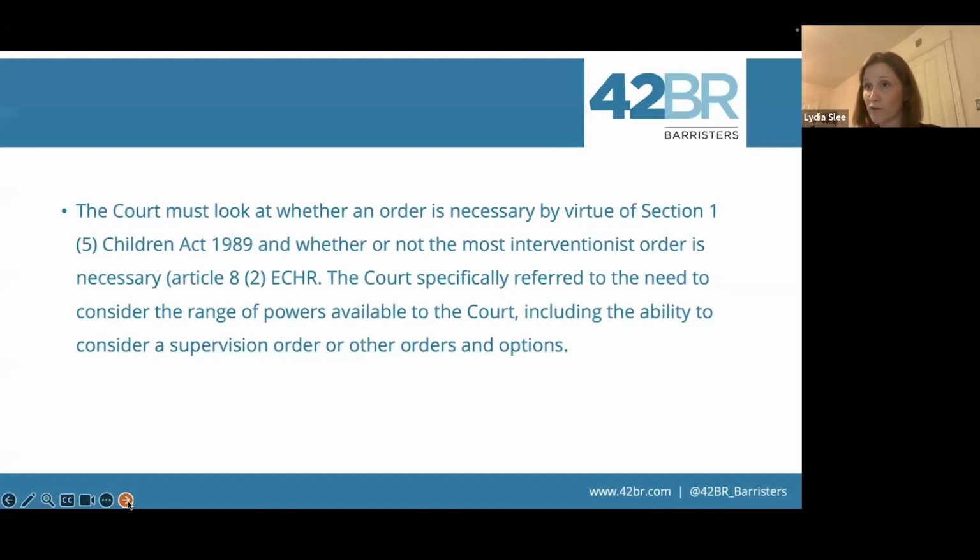In this case, they refer to mitigation, but we clearly and readily know the terms protective measures and safeguarding measures, and that not only includes the least interventionist orders under the public law orders that are available, but also any injunctive relief or private law orders that offer protection for the children.